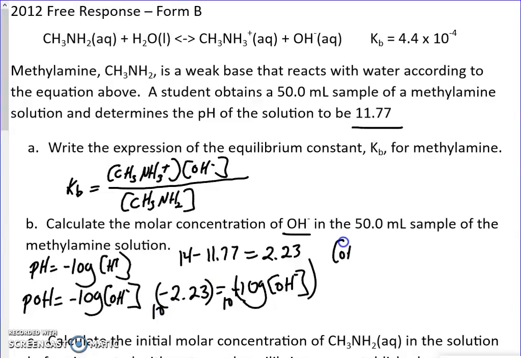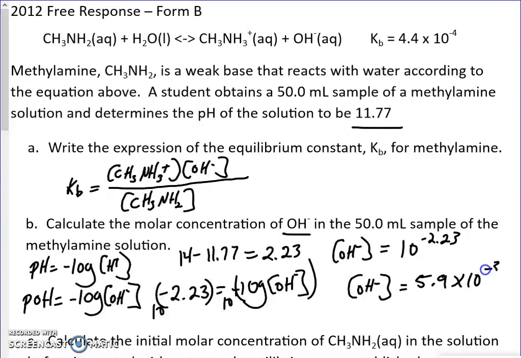So what we end up with is the hydroxide ion concentration equals 10 raised to the negative 2.23 exponent, which gives us a concentration of... it looks like we've got 3 sig figs for all the main numbers I'm seeing. I'm not using Kb. Actually, with our pH, we have 2 sig figs, so I guess we'll work off 2 sig figs. So 5.9 times 10 to the negative third molar is our concentration of hydroxide. Okay, so not too bad.